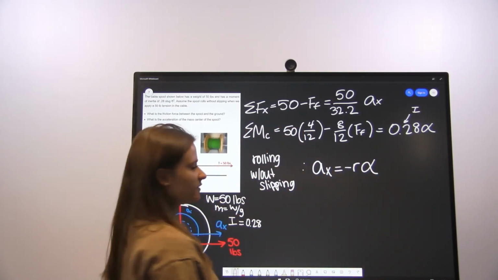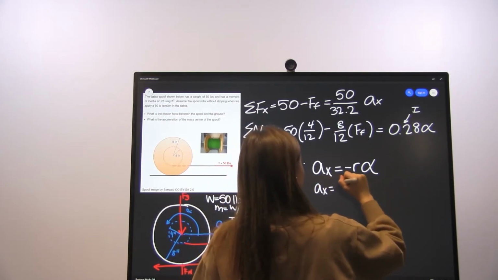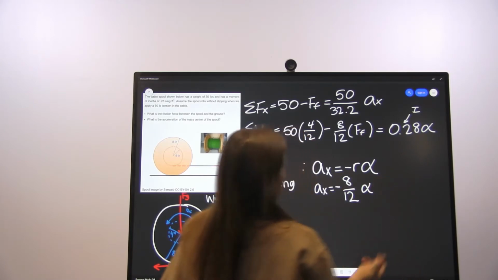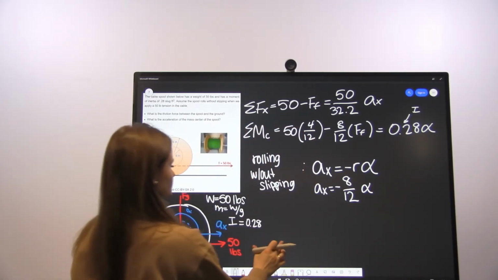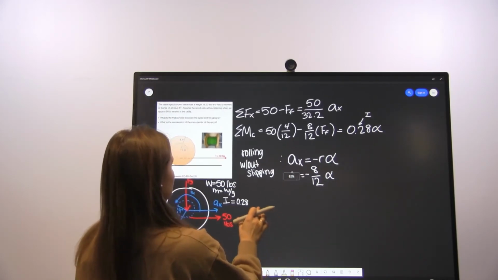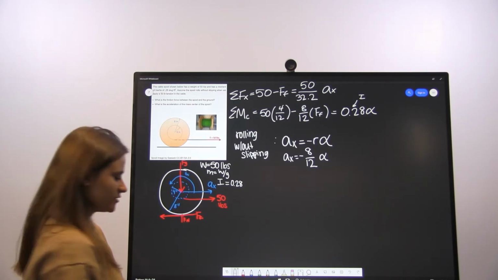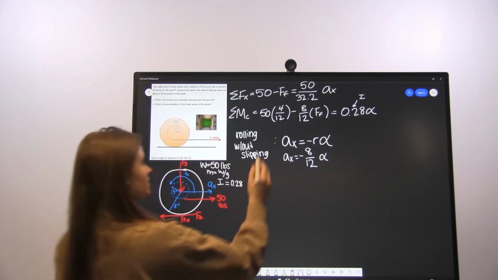And our radius for this spool is 8/12 of a foot. We can plug this into our forces in the x direction.